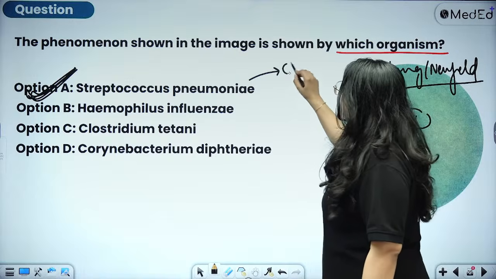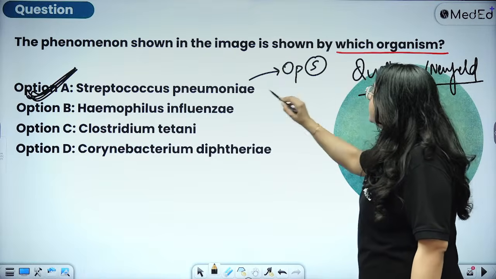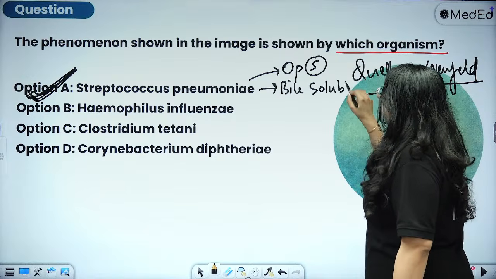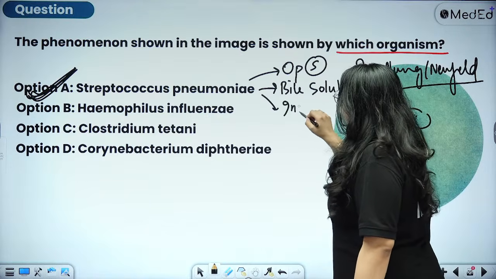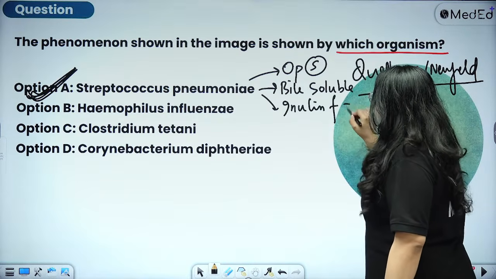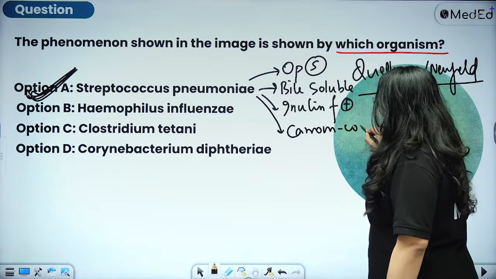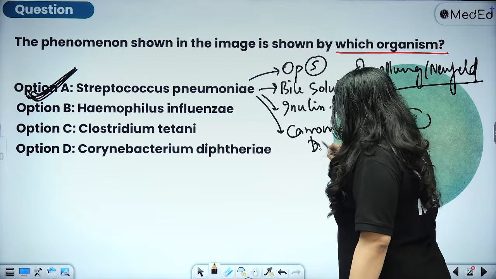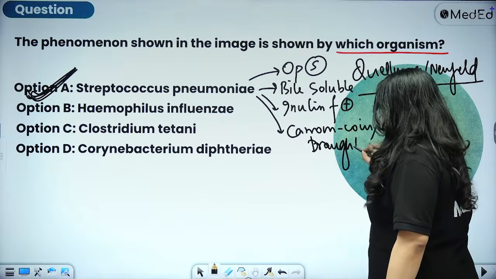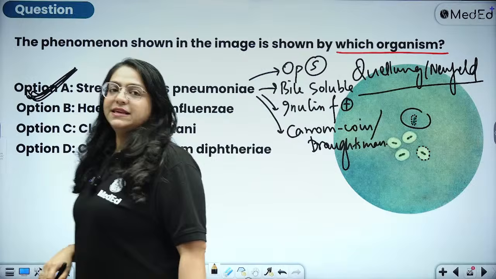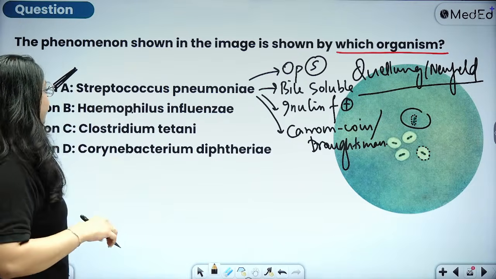Streptococcus pneumoniae. What are the other features of Streptococcus pneumoniae? Quellung reaction, optochin sensitive, bile soluble, inulin fermenting, and which colonies? Carom coin or draughtsman colonies. All features of strep pneumoniae. What about H. influenzae? Satellitism, remember?